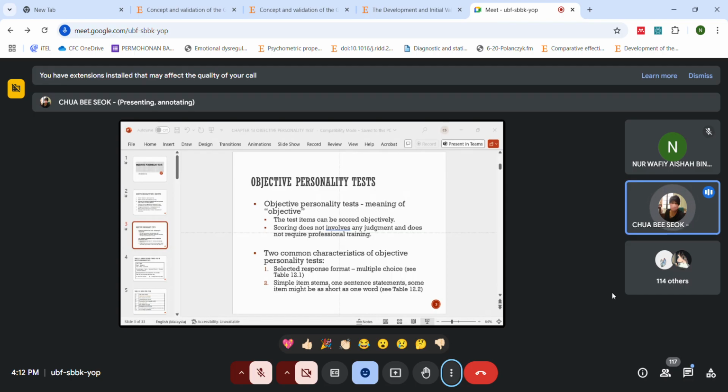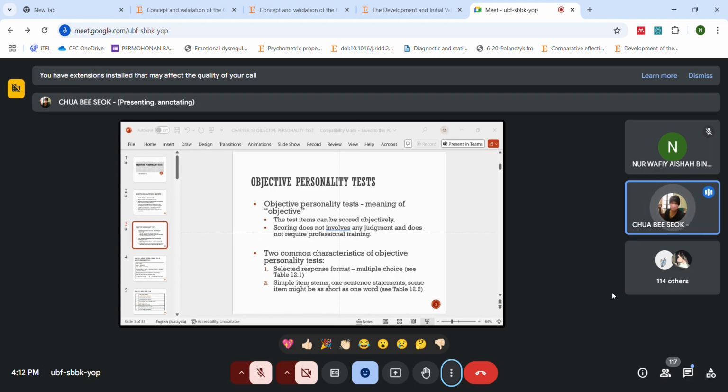This is an example of the response format of objective personality tests. The common response formats are true or false, agree or disagree, or true, false, or uncertain. The one you are very familiar with is the Likert scale, from strongly agree to strongly disagree.